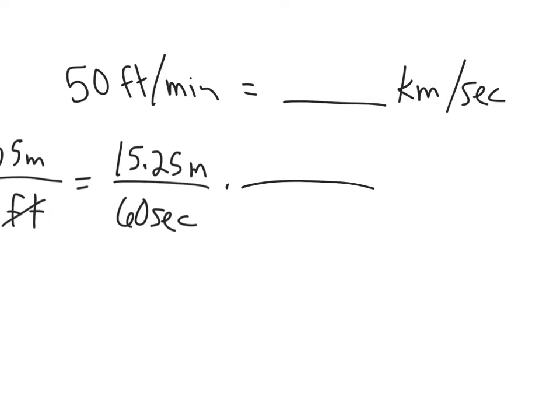Ultimately, we don't want meters, we want kilometers, so get rid of the meters by putting it in the opposite part of the fraction. 1 kilometer is equal to 1,000 meters.